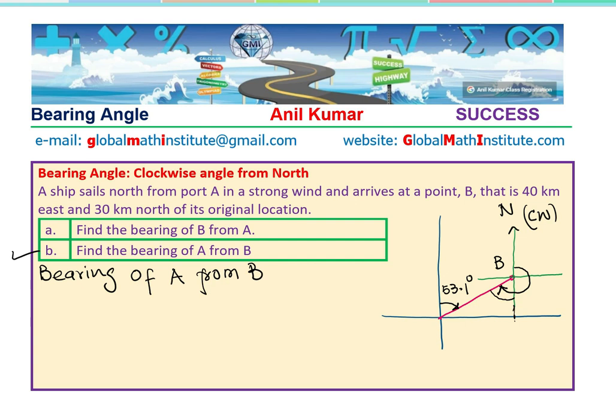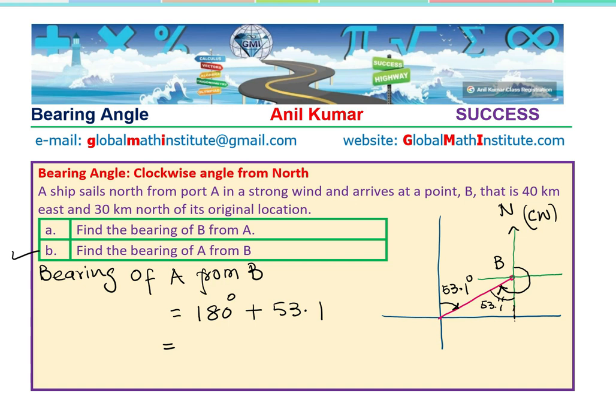So the total angle should be how much? It should be 180 plus 53.1, correct? So the bearing of A from B is 180 degrees plus 53.1. You get it, right?